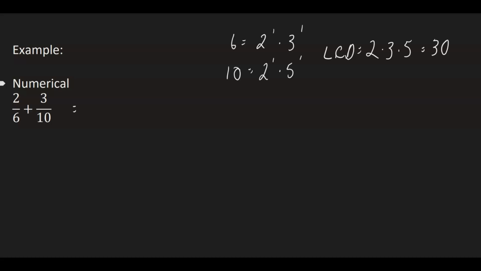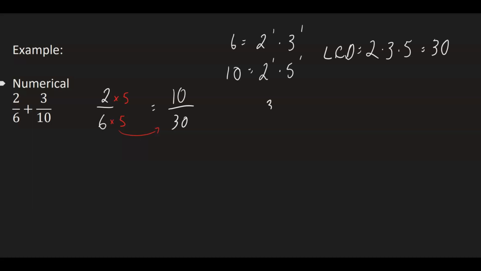Let's make each of them equivalent fractions over 30. So 2/6 I want to turn into a fraction over 30. Well, let's not have the equal sign right there just yet. In order to turn 6 into my 30, it is multiplied by 5. Therefore, we better do the same up here, and we get 10. So 10/30 is equal to 2/6.